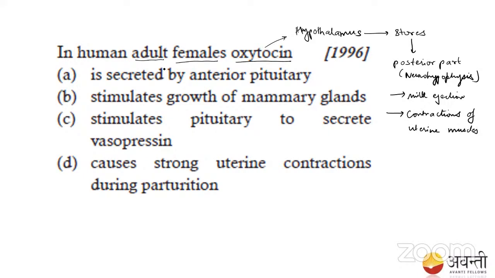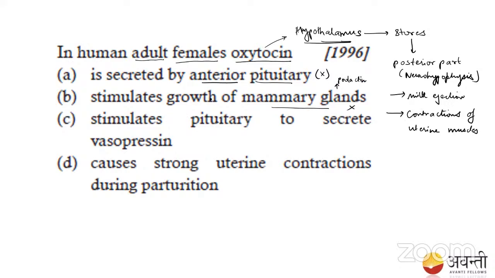Now let's see option number 1: it is secreted by the anterior pituitary. That's wrong, because it is secreted by the hypothalamus and stored in the posterior pituitary, so the anterior pituitary does not play any role here. Option 2, it stimulates the growth of mammary glands. No, it does not. That function is done by prolactin.